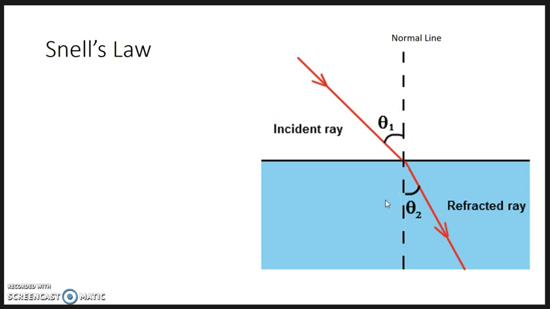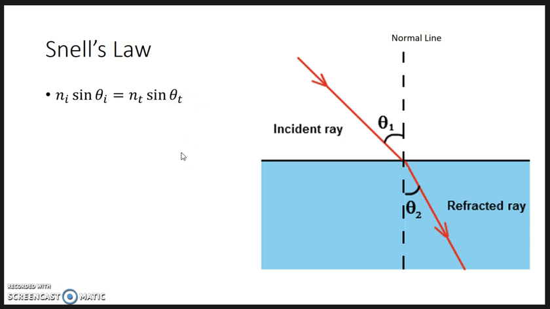And what he noticed was that if you gave each substance a set value known as an index of refraction, it has to follow this equation: the index of refraction for the initial side times the sine of our angle of incidence equals the index of refraction for our transmitted side times the sine of the angle that is transmitted.